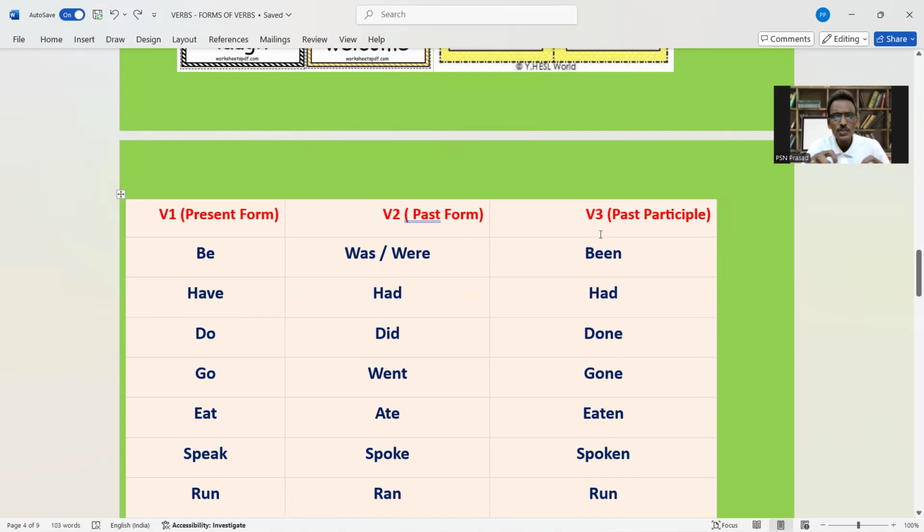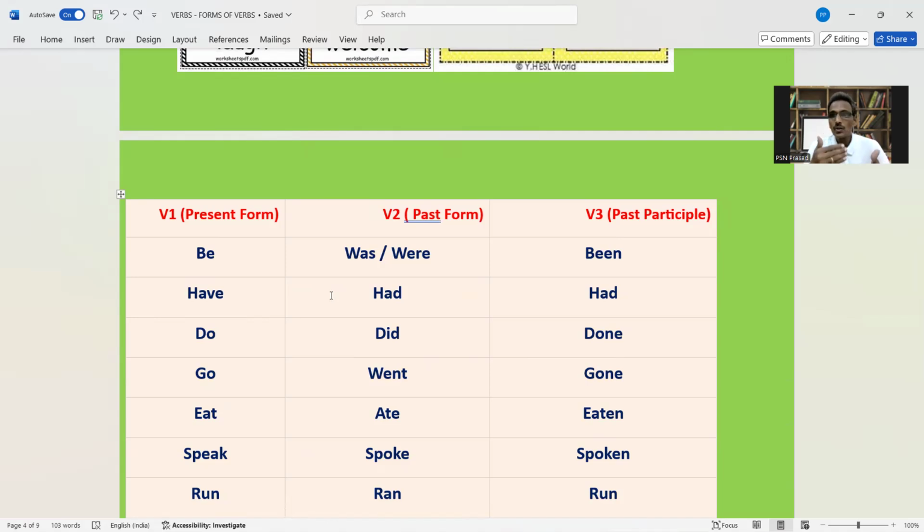So, what is the difference between these three? Why is a verb supposed to have these three forms? Yes. So, here, if an action is happening at the present time, at the time of speaking, or during that particular time.